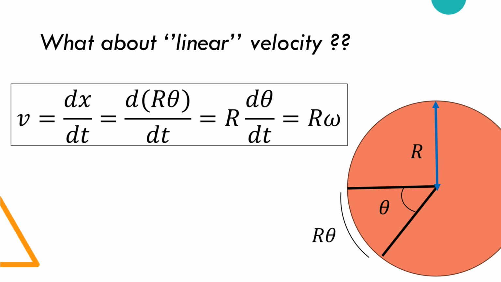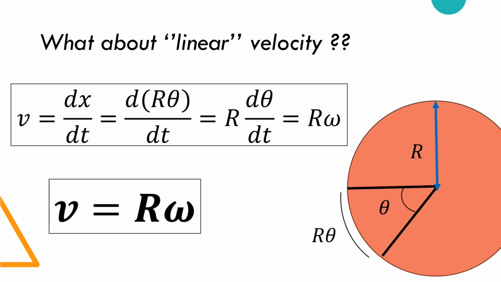Thus we have d(r theta) over dt. R is just the radius, a constant, so we can take it out of the derivative, which leaves us with r d theta over dt, and d theta over dt is simply the definition of angular velocity. Thus we get this formula, which is quite important: v equals r omega.